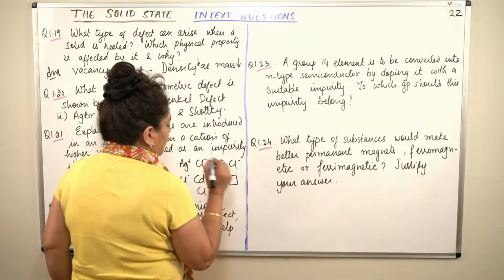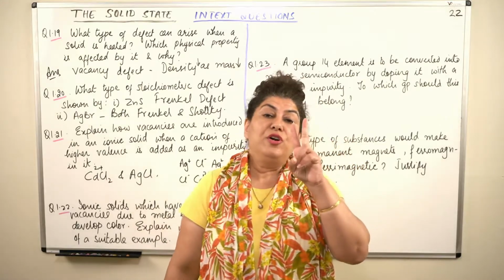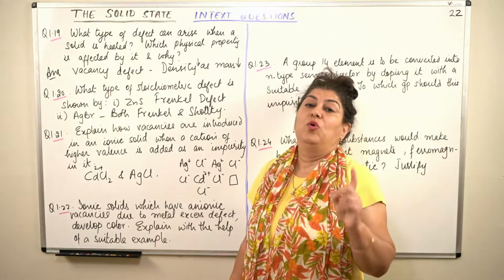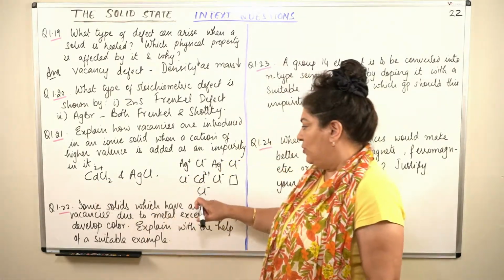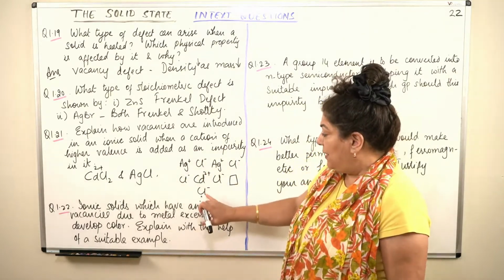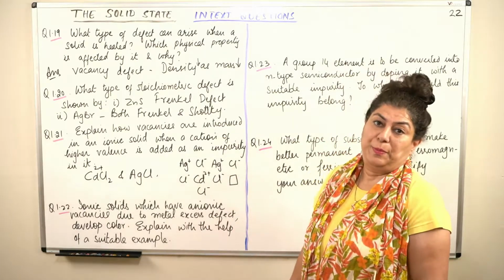If 1 silver is missing, only then, in place of 2 silvers, 1 cadmium will come. Because for every cadmium there should be 2 chlorides, but for every silver there should be 1 chloride. For this cadmium, if there are 2 chlorides, there should be no silver here.